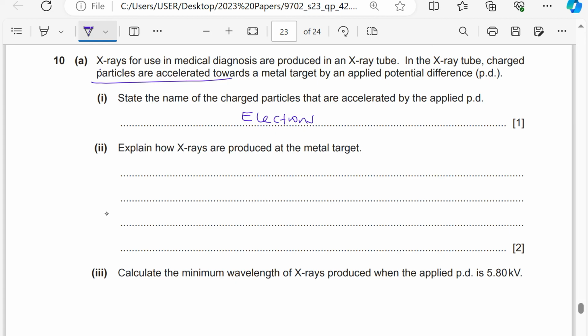Explain how X-rays are produced at the metal target. So when fast moving electrons hit a metal target, they are rapidly decelerated, of course.